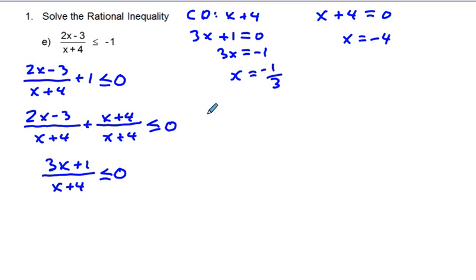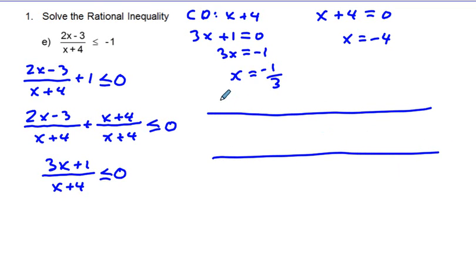And now we can create our number lines for analysis. And first we have, for our numerator, 3x plus 1, and for our denominator, x plus 4. And just looking at these values here, the first one we see is negative 4, which is represented by the denominator. So I put this over here on the denominator line. And then in the numerator, we have negative 1/3.